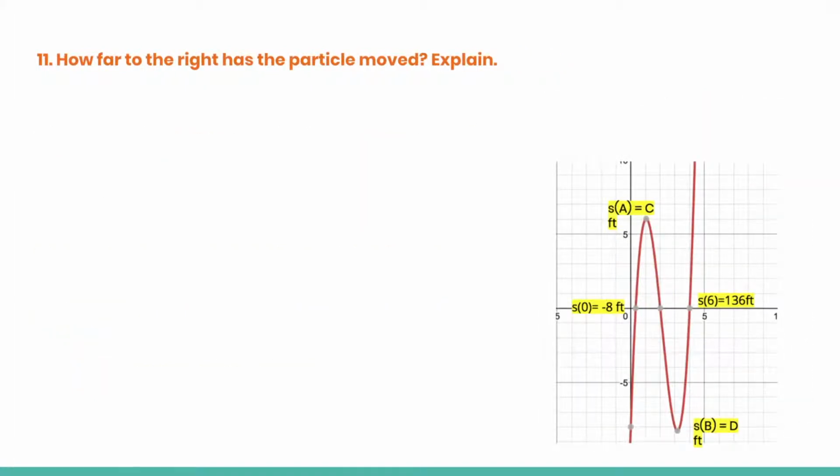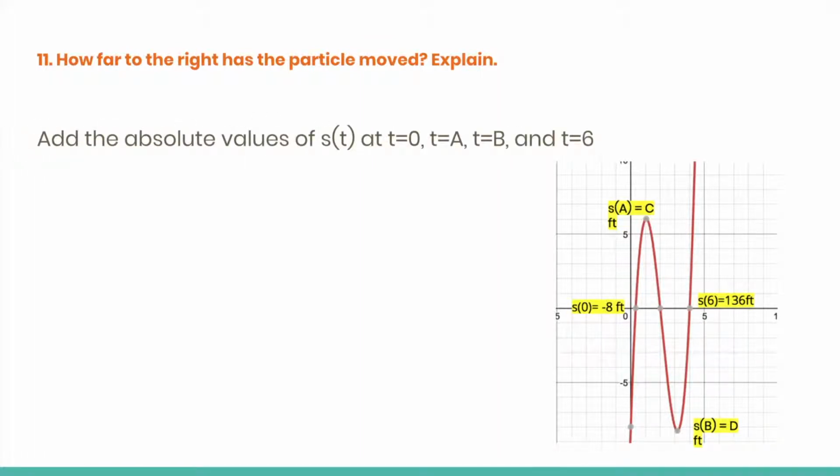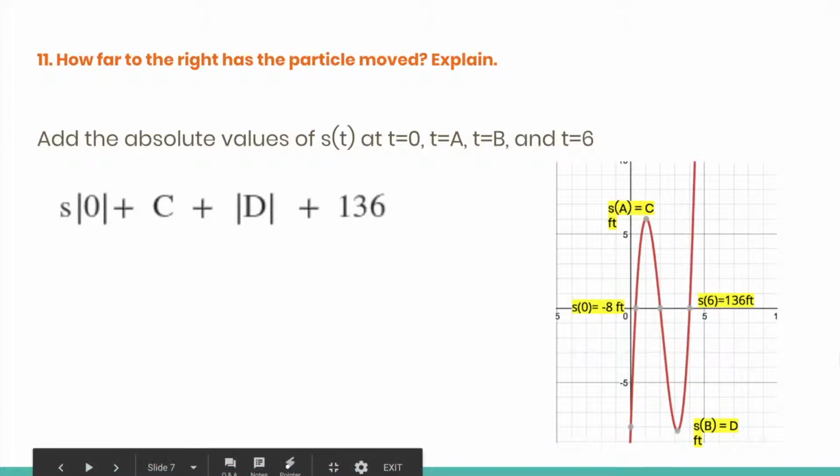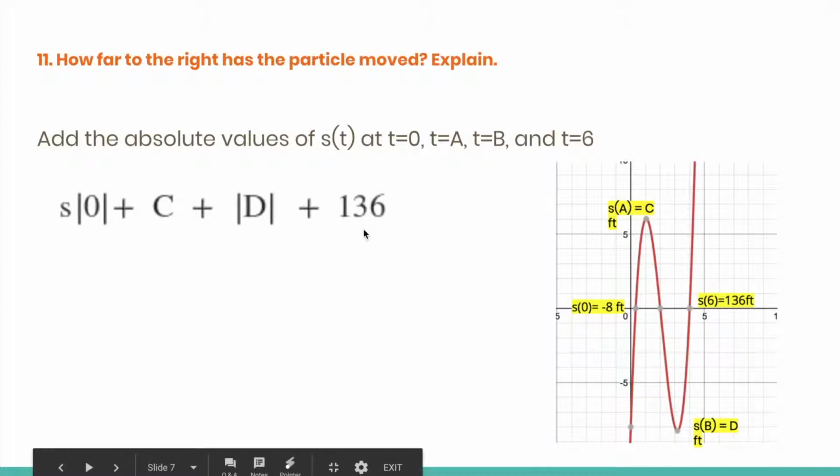The next question is, how far to the right has the particle moved? For this one, you're going to add the absolute values of S of t at t equals 0, t equals A, t equals B, and t equals 6. Here I've included those values on the graph. So you're going to do the absolute value of S of 0, the absolute value of S of C, the absolute value of S of D. And S of D is important because that value is negative.